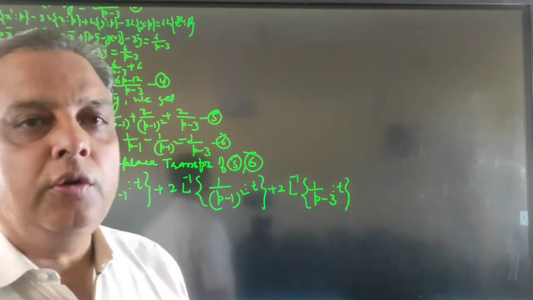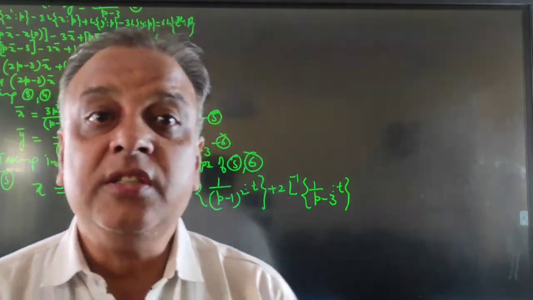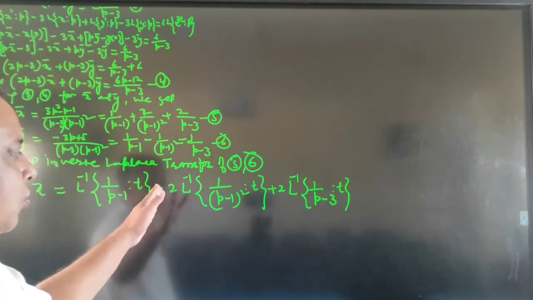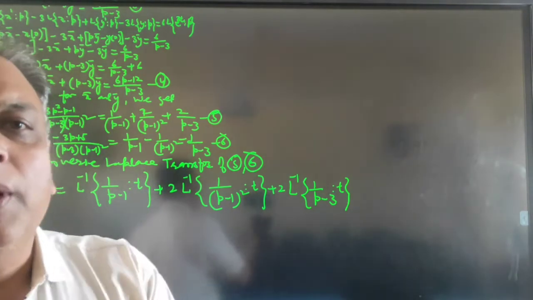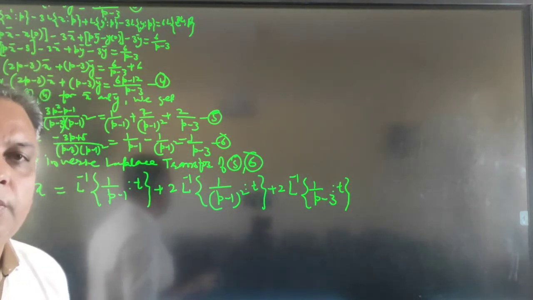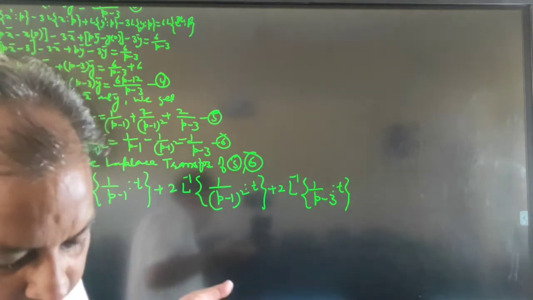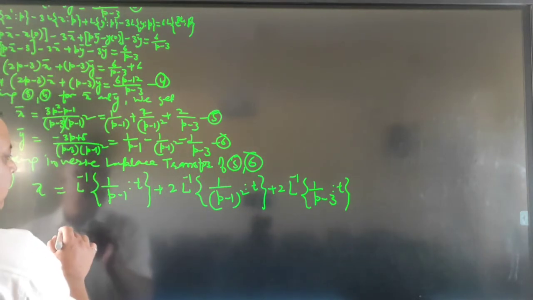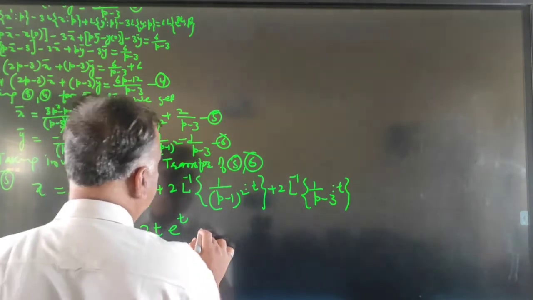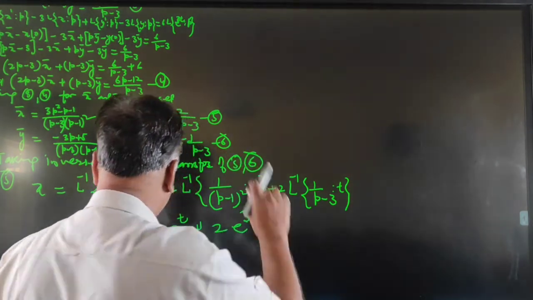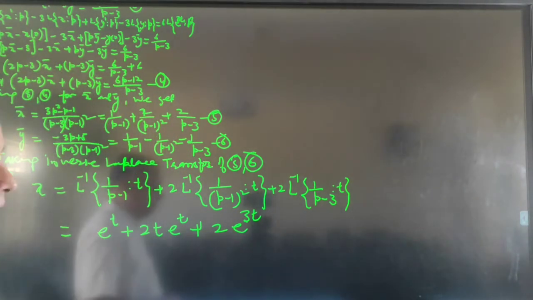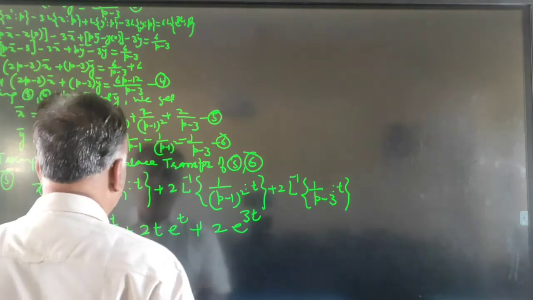For the inverse Laplace transformation of 1 upon p minus 1 whole square, if we use the shifting property, this is equal to e raised to t into the inverse Laplace transformation of 1 upon p square, and that is t. So we get x equals e raised to t plus 2t e raised to t plus 2 e raised to 3t, which is the solution value of x.